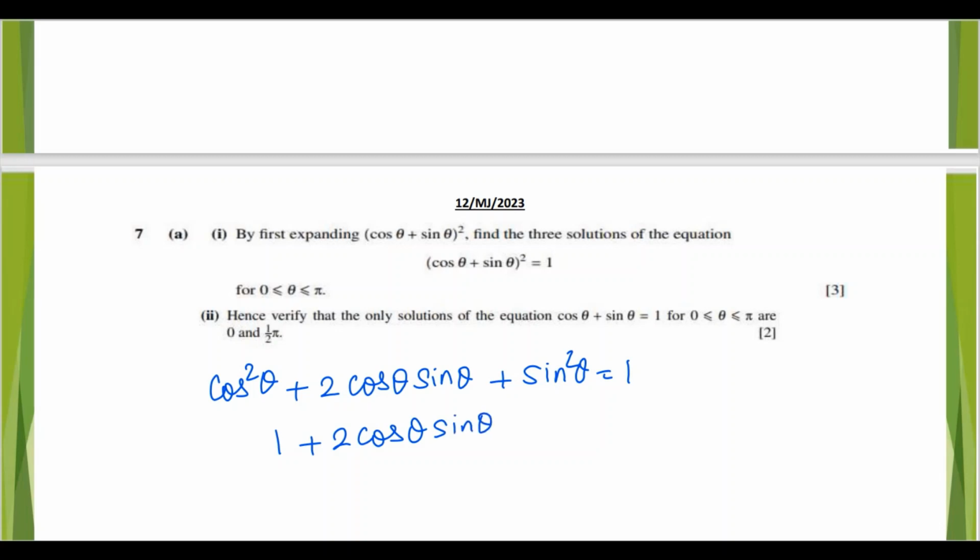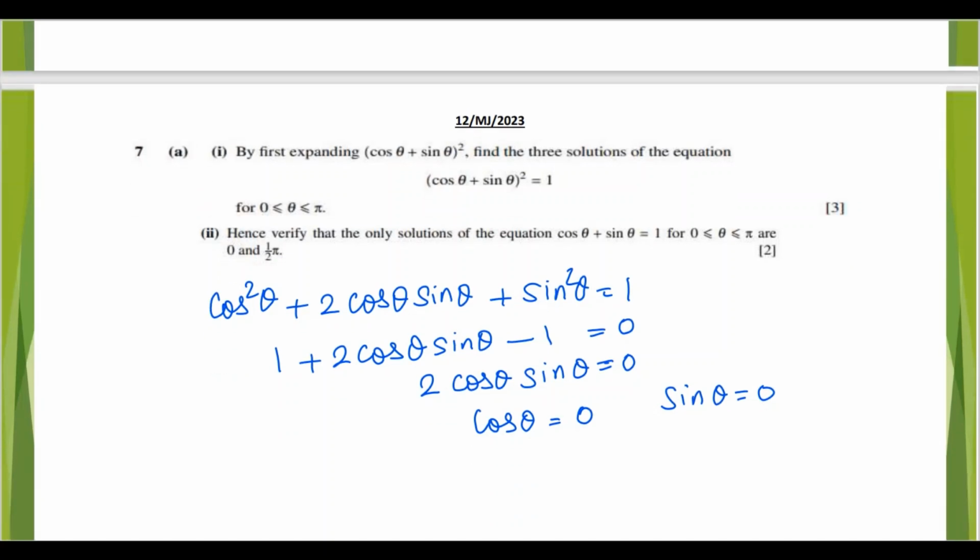Bring this 1 to the left hand side. 1 minus 1 equal to 0. So this 1 and negative 1 get cancelled. You will get 2 cos theta sin theta equal to 0. That is cos theta equal to 0 or sin theta equal to 0.